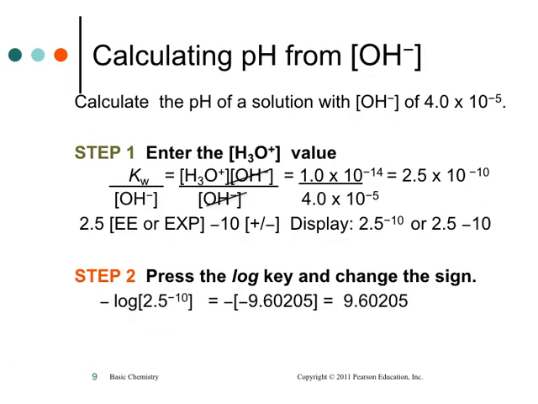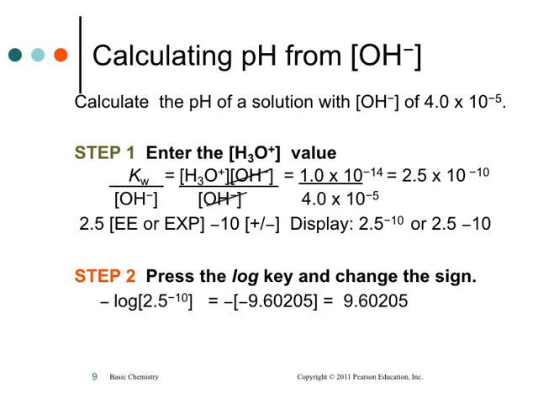Now, they're being sneaky. What if they don't give you the concentration of hydronium, but instead give you the hydroxide concentration? We had this problem before. If you remember, K sub W, the constant for ions that breaks apart in a glass of water when you set it on the counter, is always 1 times 10 to the negative 14.